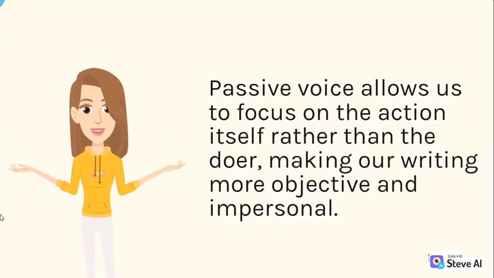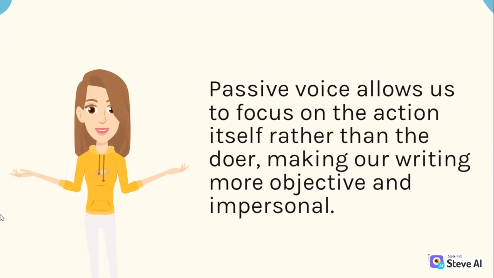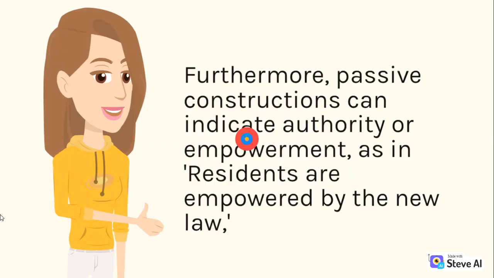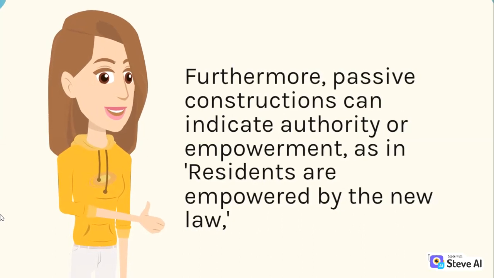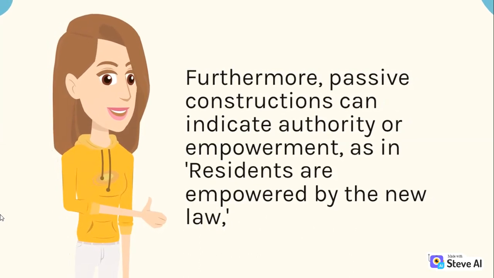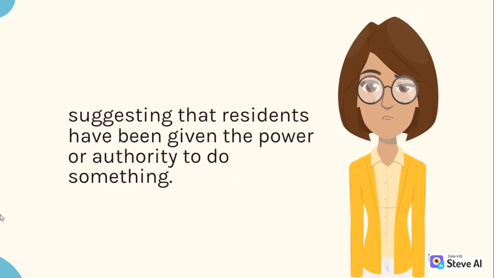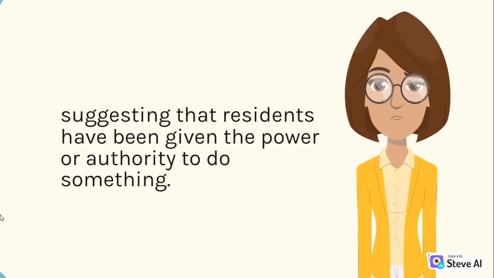Passive voice allows us to focus on the action itself rather than the doer, making our writing more objective and impersonal. Furthermore, passive constructions can indicate authority or empowerment, as in "residents are empowered by the new law," suggesting that residents have been given the power or authority to do something.